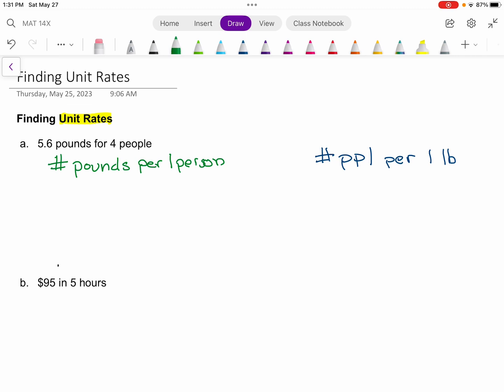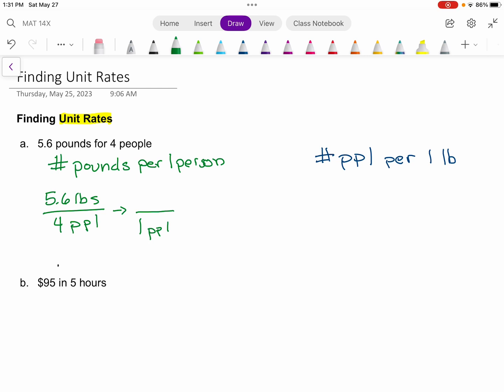If I want to do pounds per person, I set up the ratio to be the number of pounds, that 5.6 pounds, divided by the number of people, 4 people. If you think of it as a fraction that needs to be reduced, I want to reduce it to where there's only one person on the bottom. So you're saying, what is 5.6 divided by 4?